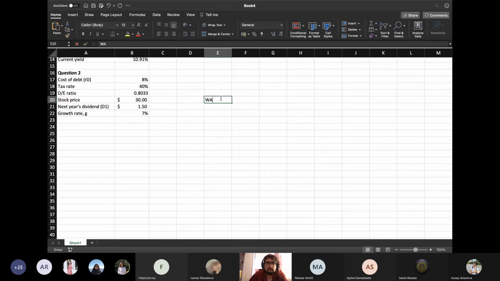The weighted average cost of capital is comprised of 5 elements: weight of equity, cost of equity (required rate of return), weight of debt, cost of debt, and tax rate.